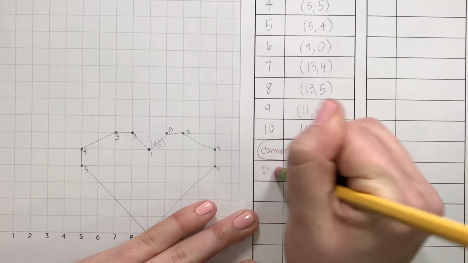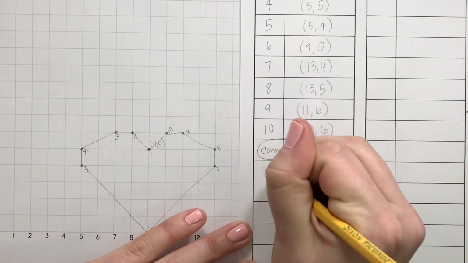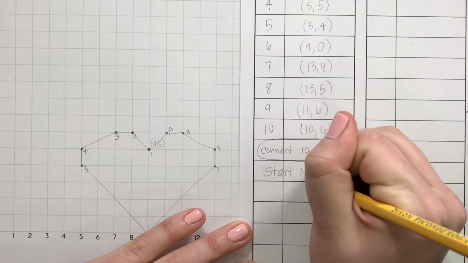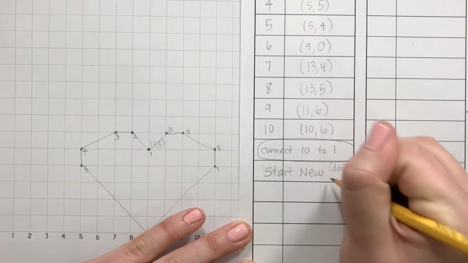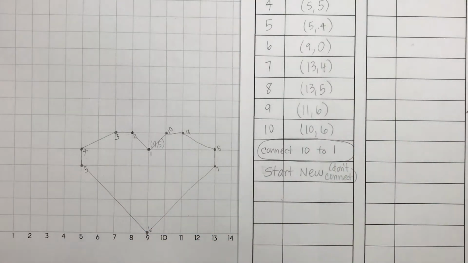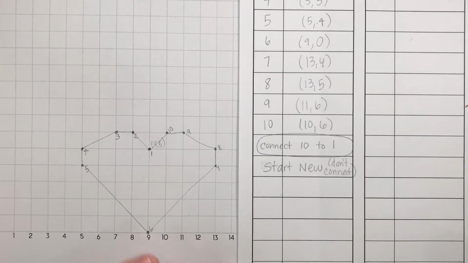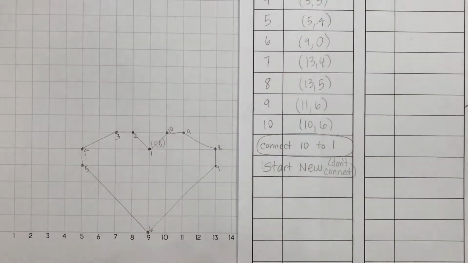I would just write start new. Or you can write don't connect. Okay, so start new will give them the message that you now are going to start a new dot, but you're not going to connect it to the last one.